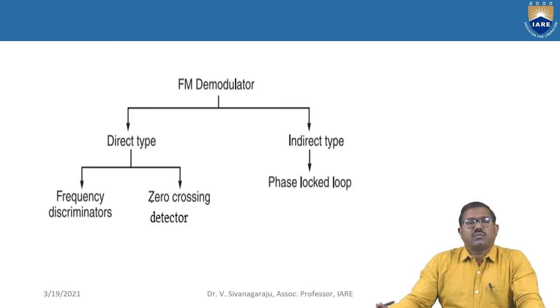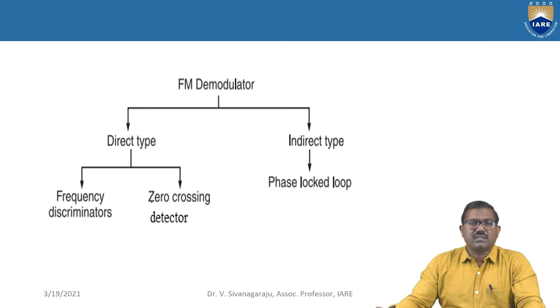Now these FM demodulators have two varieties. One is direct type and another one is indirect type. Again, this direct type is classified into two varieties. One is frequency discriminator and another is zero crossing detector.